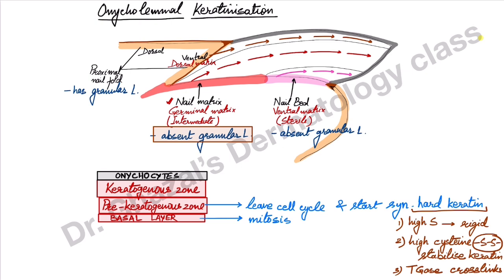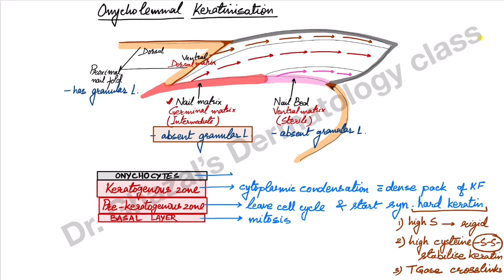Now the cells in the keratogenous zone, there is cytoplasmic condensation, and then they are densely packed with the hard keratins of the nail. The cells become flattened as they move distally, and they become condensed and packed with keratin intermediate filaments.